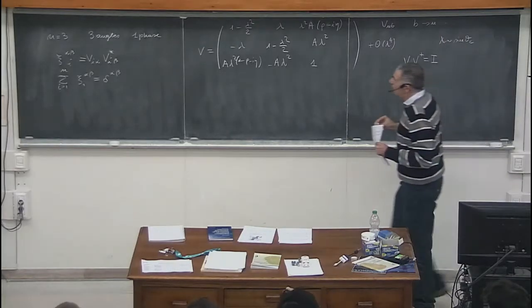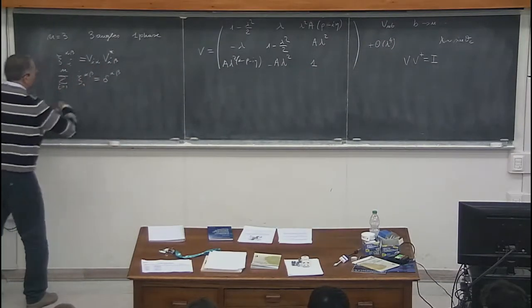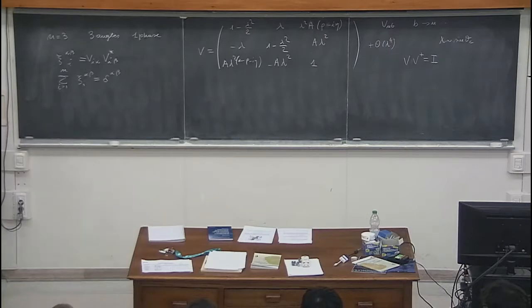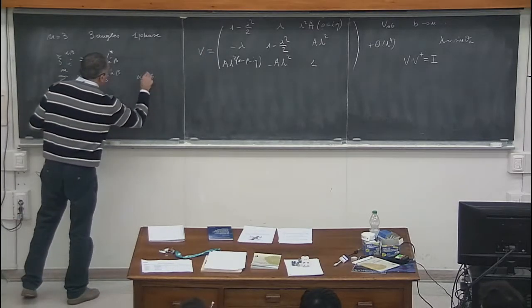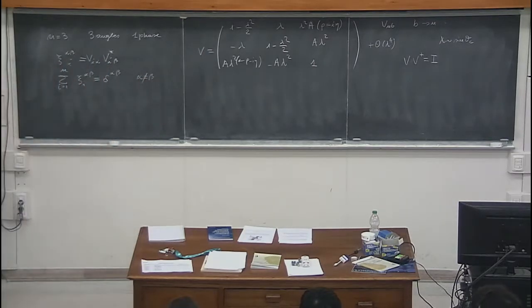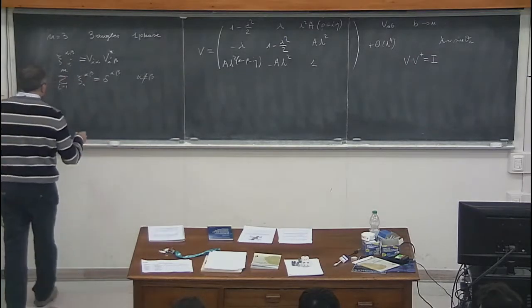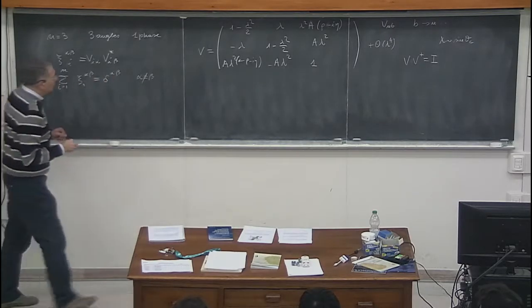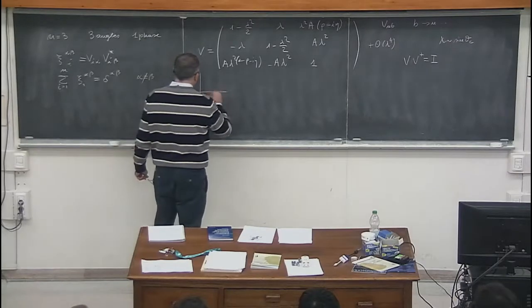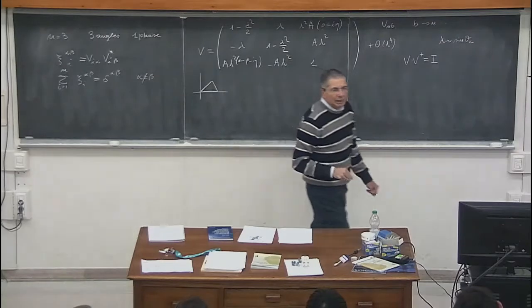And for alpha different from beta, the off-diagonal entries of V dagger V obviously have a 0 on the right-hand side. So this relation can be expressed as triangles in some complex plane. The sum of three complex numbers must be 0, which means that they form a triangle which closes.